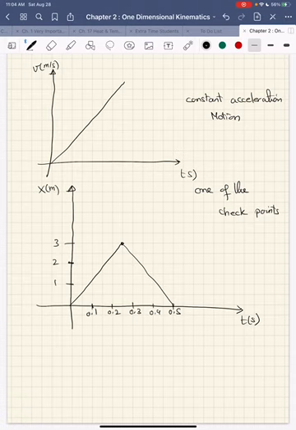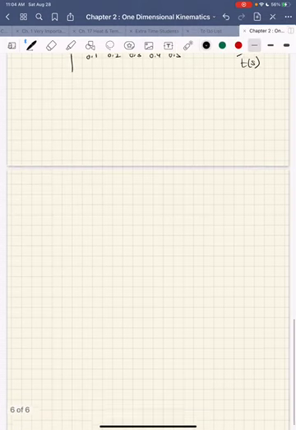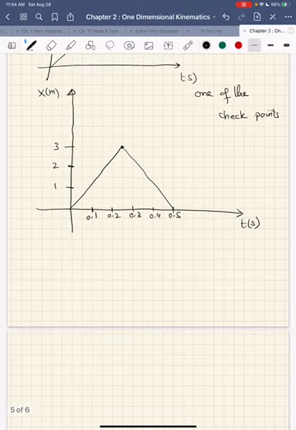Now, how can I move from this graph to the v versus t graph? I need first to calculate the slope for this one, because this is going to give me the velocity.